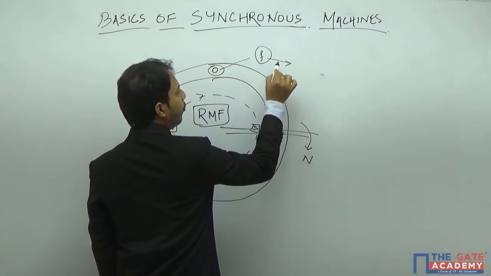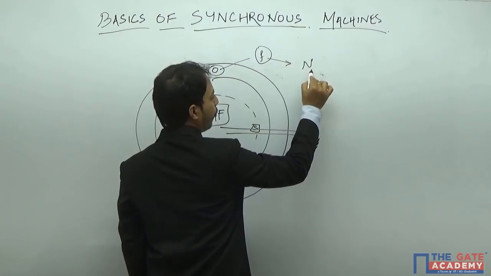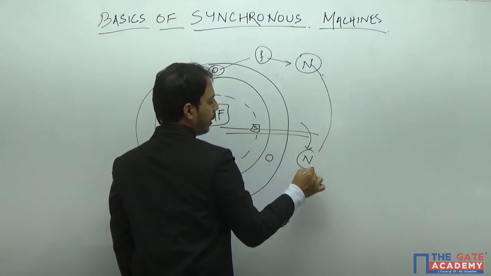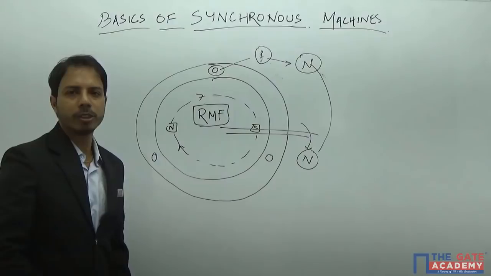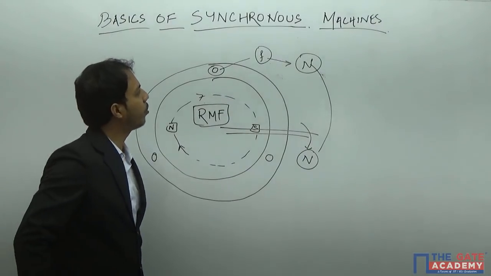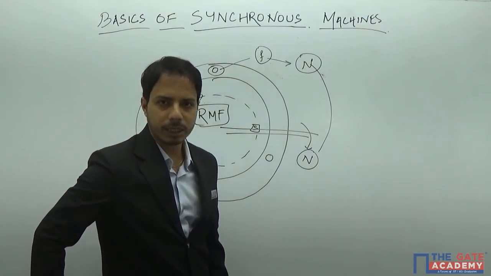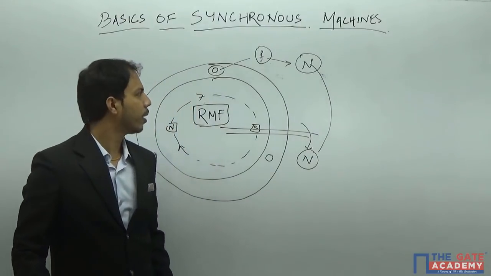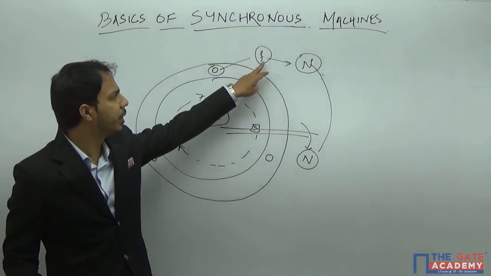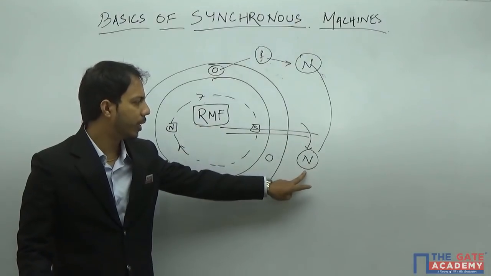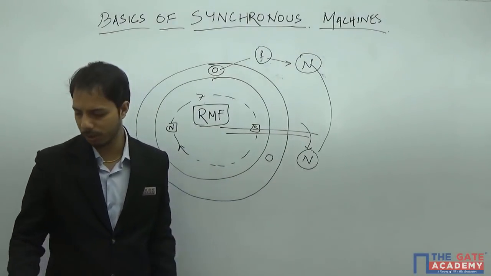Now the speed with respect to this f will be n. So this speed and this speed are the same. That is the reason we call this type of machine a synchronous machine. So basically this frequency depends on the speed of the rotor. That's what I want to say.